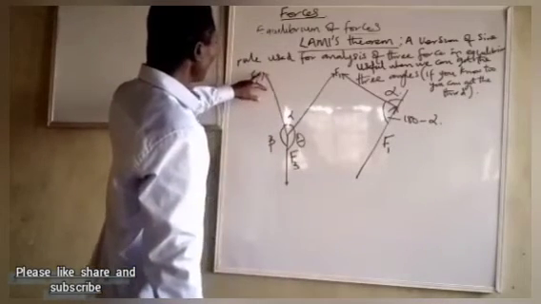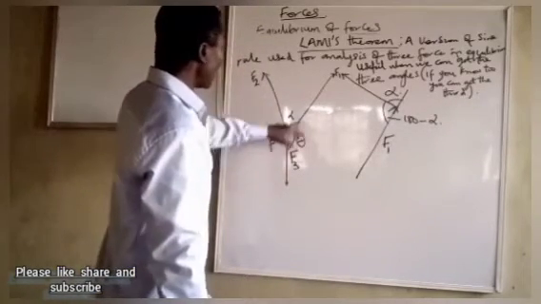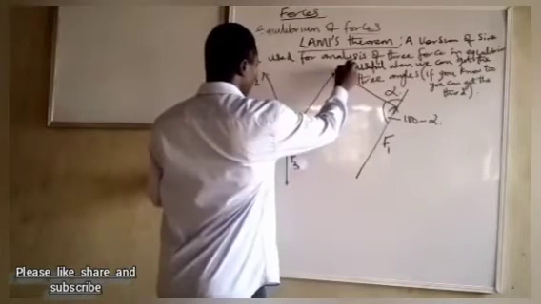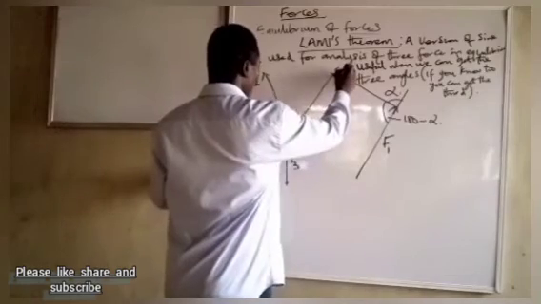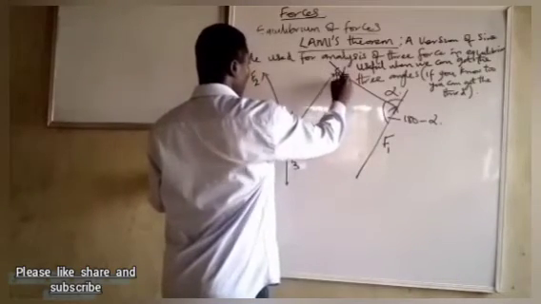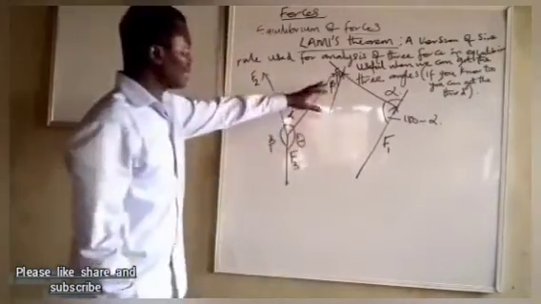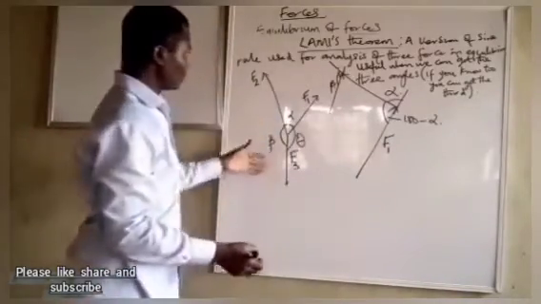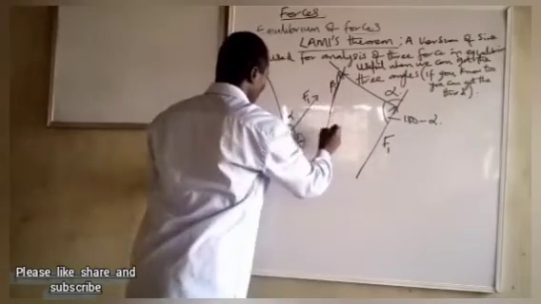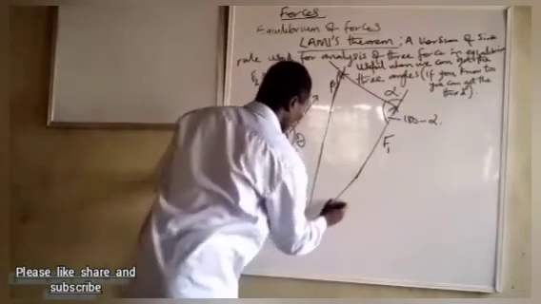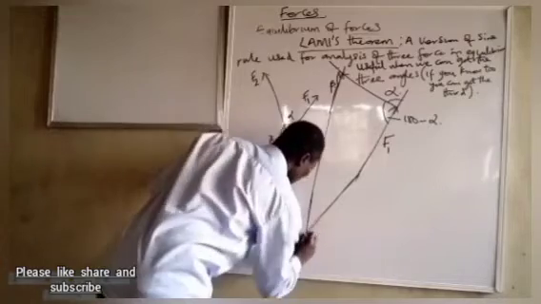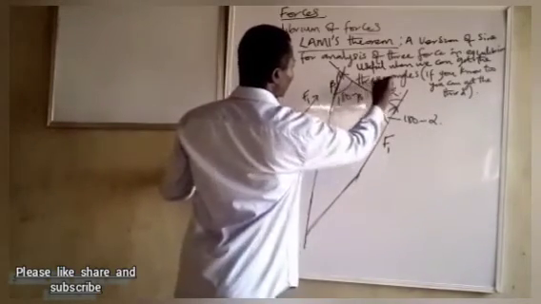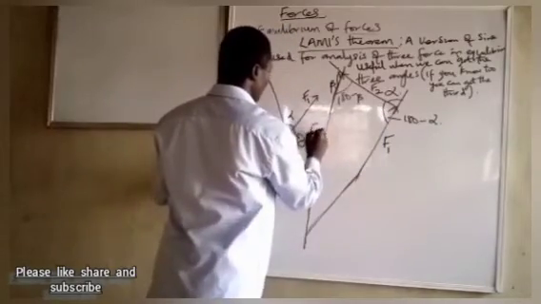Now between F2 and F3, I have beta. So this one goes like this. You draw it. So this place is beta, and this place is now 180 minus beta. This is F2. And this one is F3.